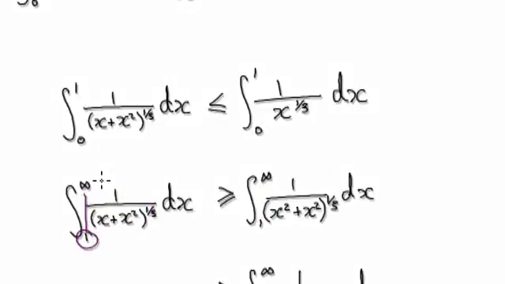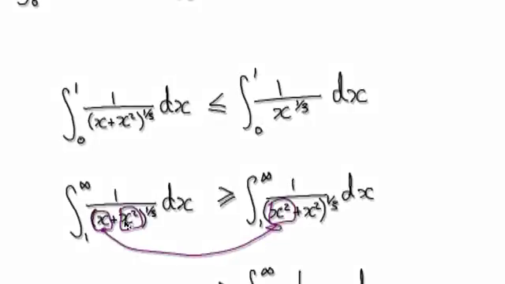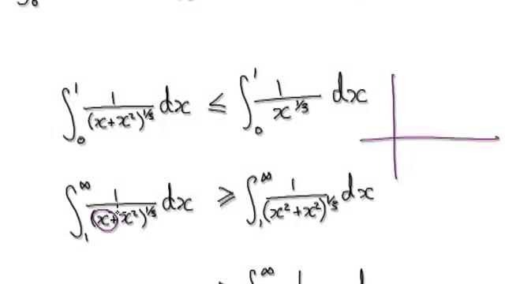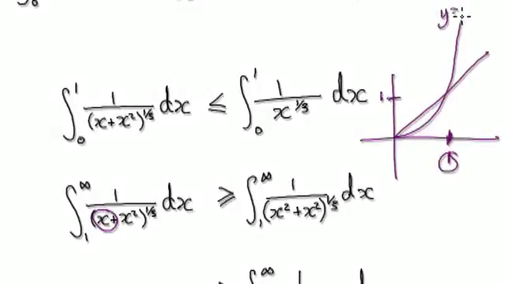So from 1 to infinity, let's just imagine this to be the same as x squared. Because if you look at the graph, y equals x looks like this, and x squared will look something like this. So this is 1 here, 1 here. This is a graph of y equals x squared, and this is a graph of y equals x.